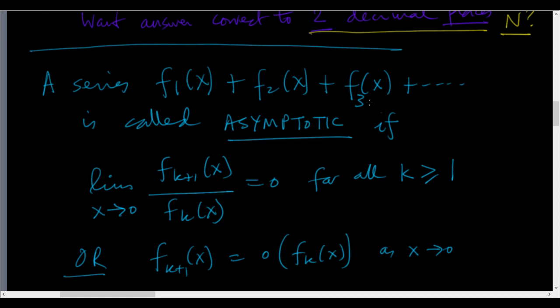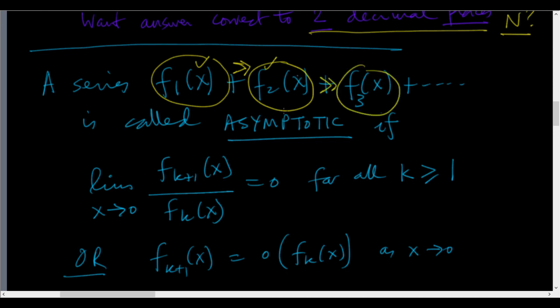What asymptotic means is that however this may behave, this is much smaller than this as x goes to 0. This is much smaller than this as x goes to 0. Okay, such a series is called asymptotic.